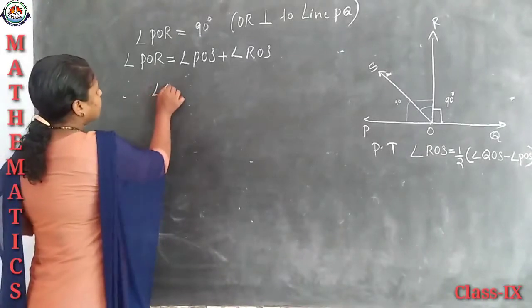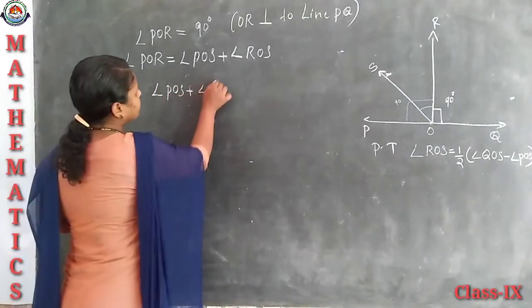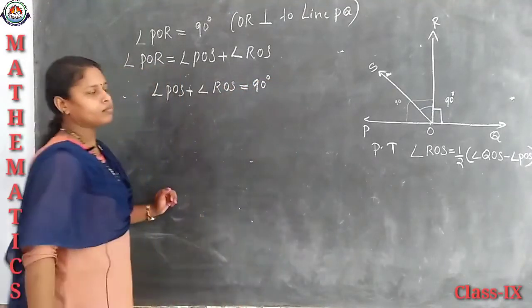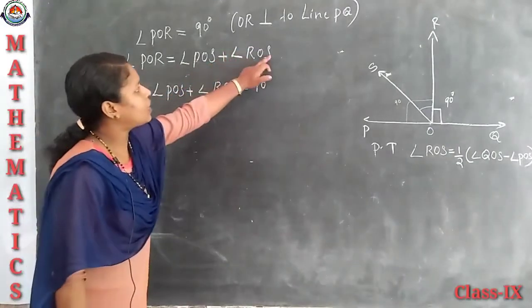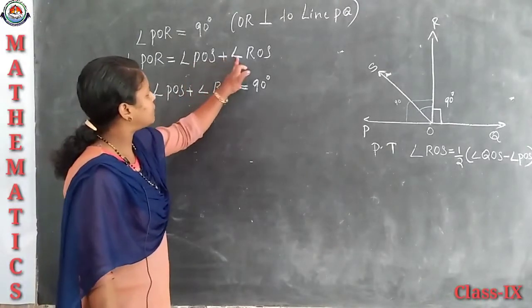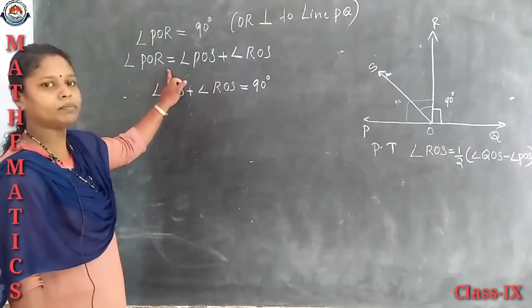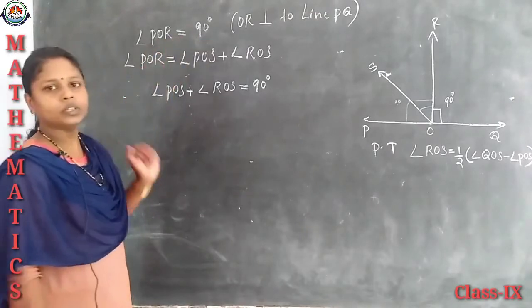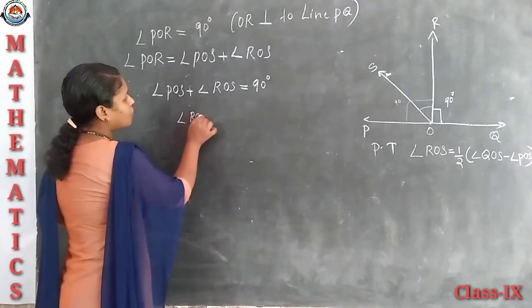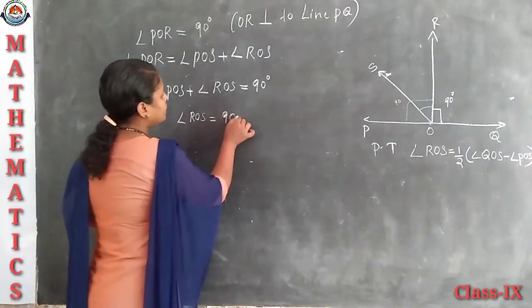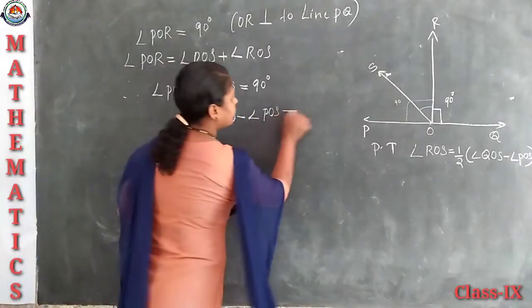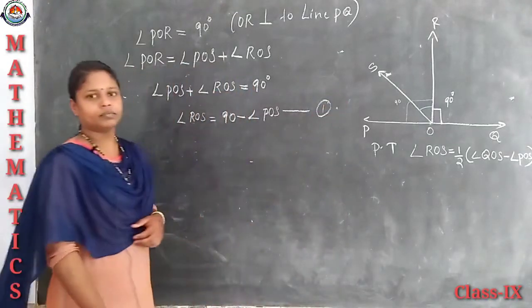Therefore, angle POS plus angle ROS equal to 90 degree, because angle POR equal to 90 degree. From this, angle ROS equal to 90 minus angle POS. We can take it as our equation 1.